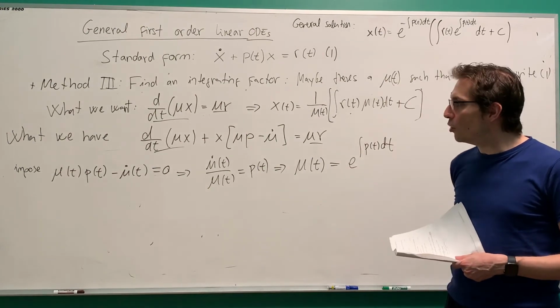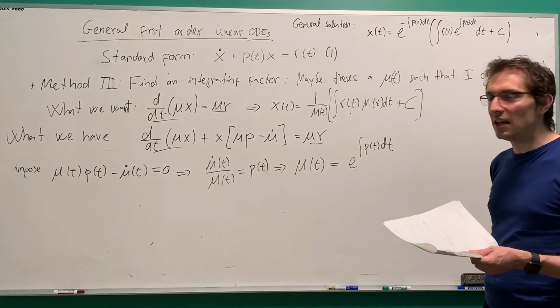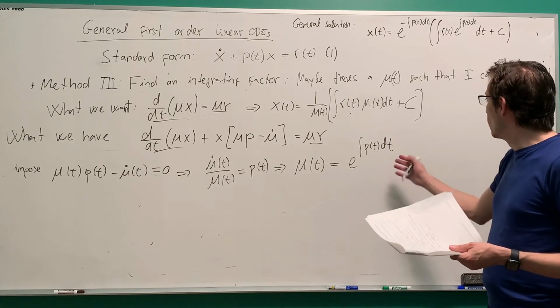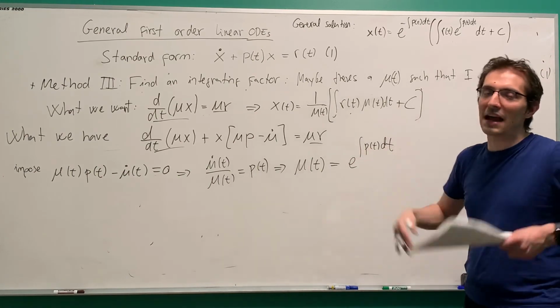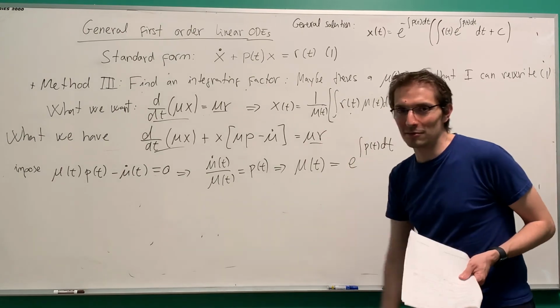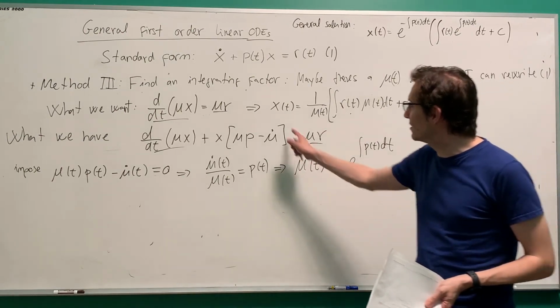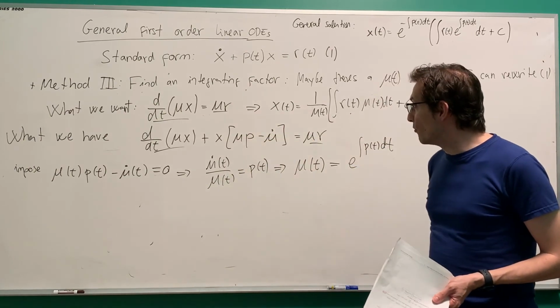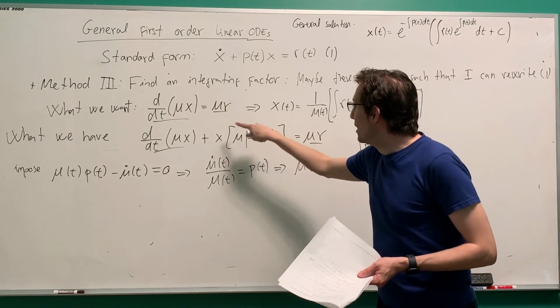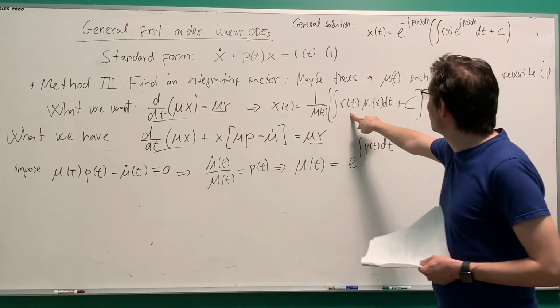So we found a mu, look at that. We found a mu of t such that, of course, times a constant, but I don't care about the constant because it's just one of them. I found an integrating factor mu of t such that this term is 0. Wonderful. So if this term is 0, then I know that the solution is of this form.